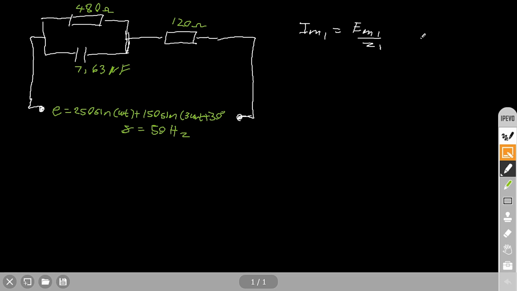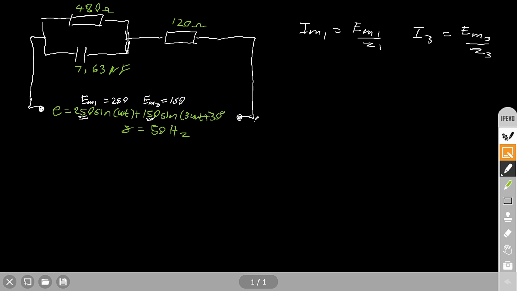Even for Im3, it's the same thing, over Z3. So what is our maximum voltage, guys? Our Em1 is 250, and our Em3 is this one, it's 150.